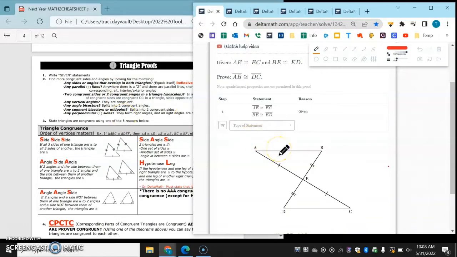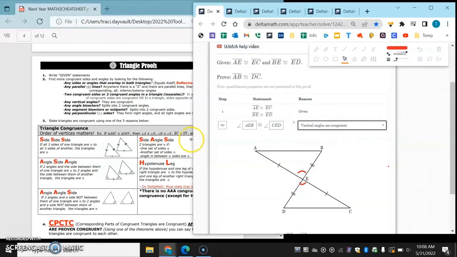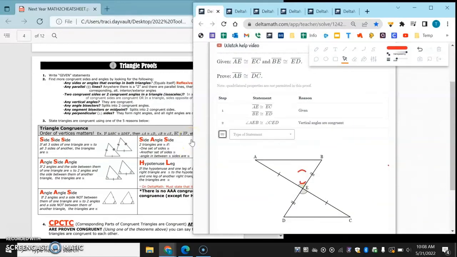This has vertical angles. These 2 angles are vertical angles, so they must be congruent to each other. So I'm going to put that those 2 angles are congruent to each other because they are vertical angles. And that's going to give me another angle.